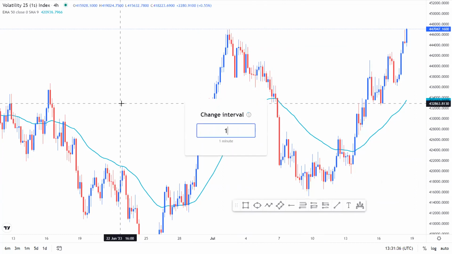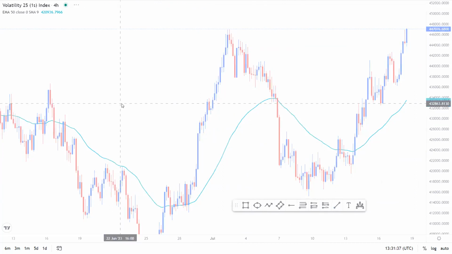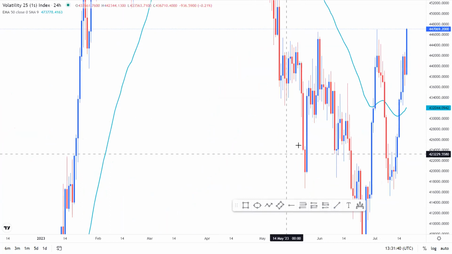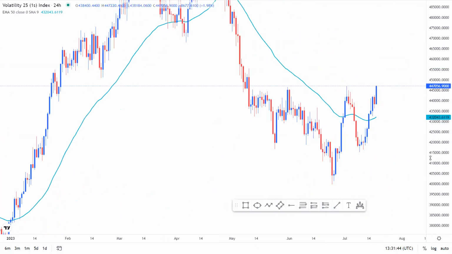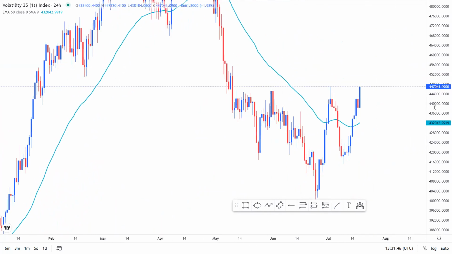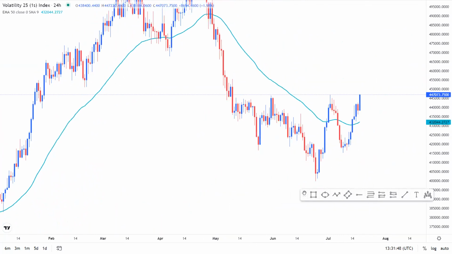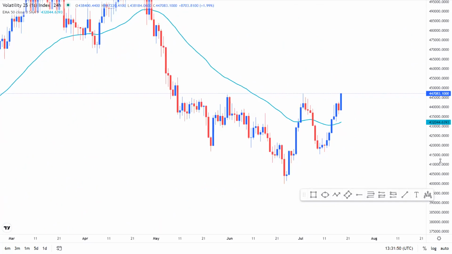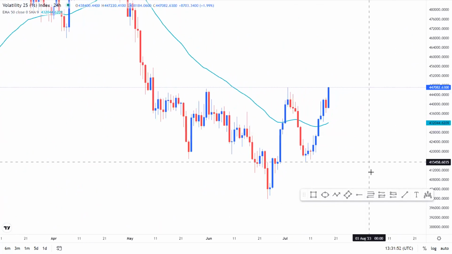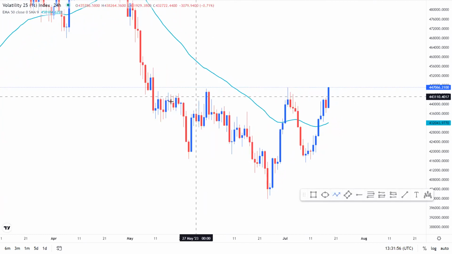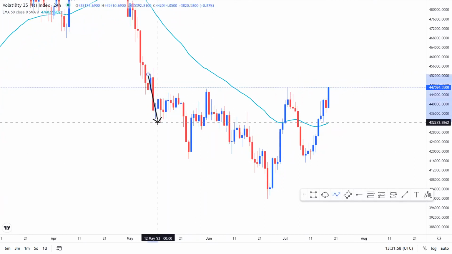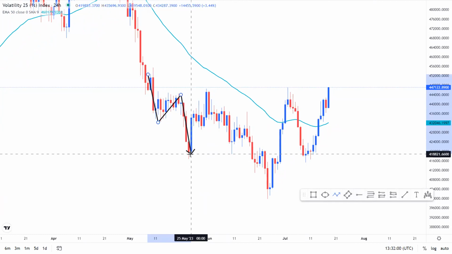Very quickly, from the daily time frame perspective on volatility 25 1S index, we were pretty much in a downtrend.